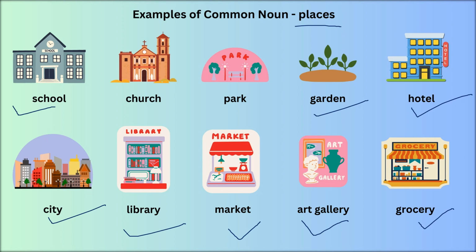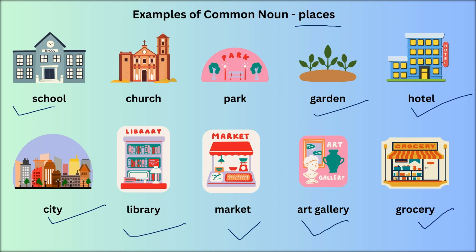But if I say that I'm going to the National Library, then I'm specifying it. So National Library is not a common noun. It will be called a proper noun because I'm properly mentioning the name of the library. And if I say just I'm going to the library, then library is considered a common noun.